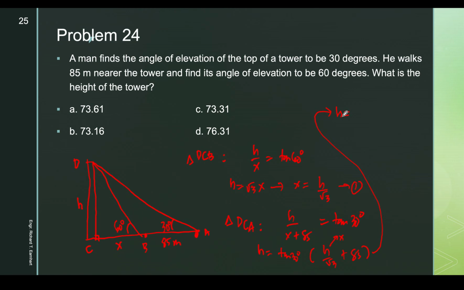Now divide by 1 minus tangent of 30 degrees over square root of 3. So 85 times tangent of 30 degrees. Okay, so that gives you 73.61. And that is letter A.